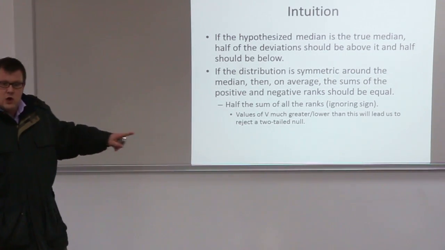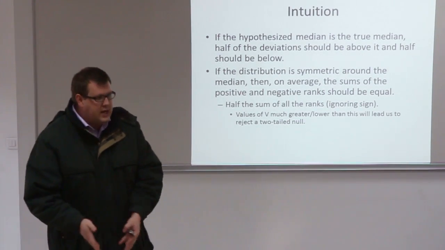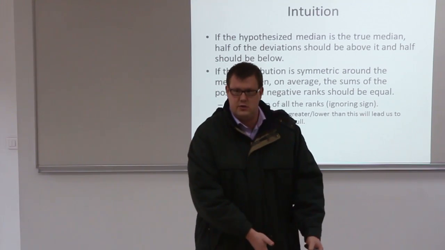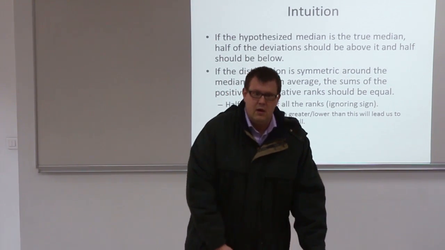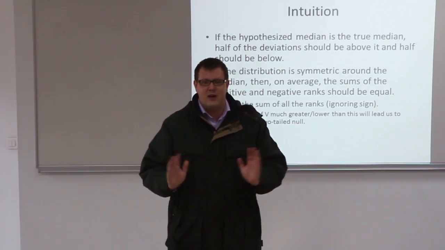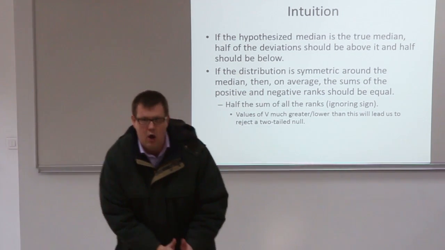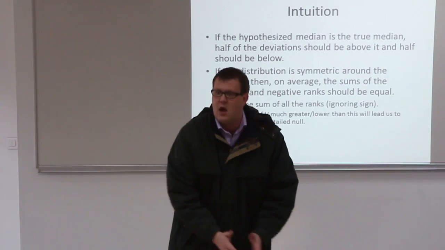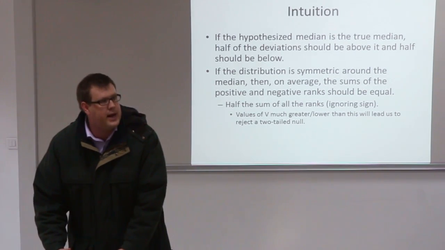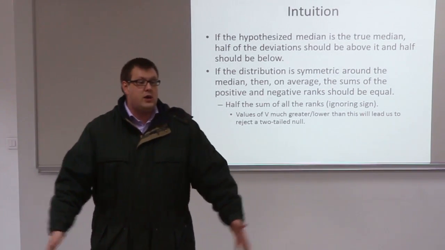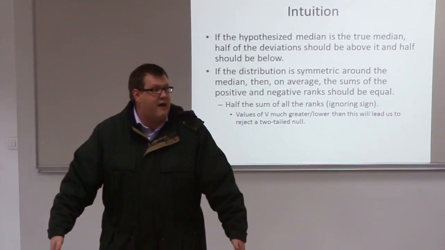So what we are doing when we are calculating V is we get the sum of one of those. Now, just like degrees of freedom, if we know one set of ranks, we will know the other. If we know what one sum of the ranks is, we will know what the other sum is, because we know how many data we have in total.